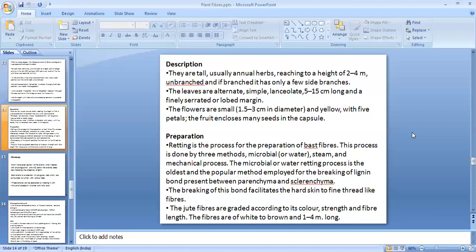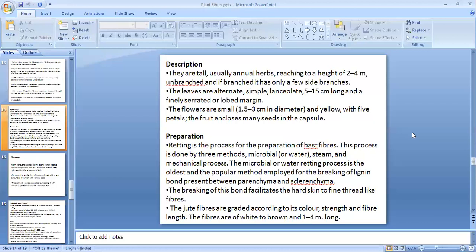During this, what happens? The other vegetable debris gets decayed and separated from the phloem fibers, which are tied into sheaves. And after that period, the fibers are taken out.